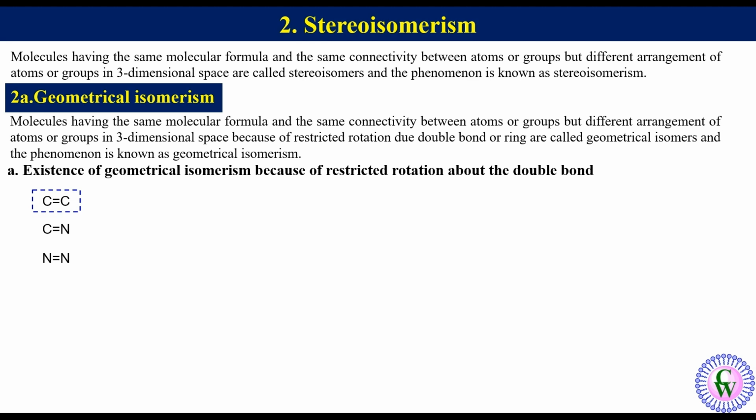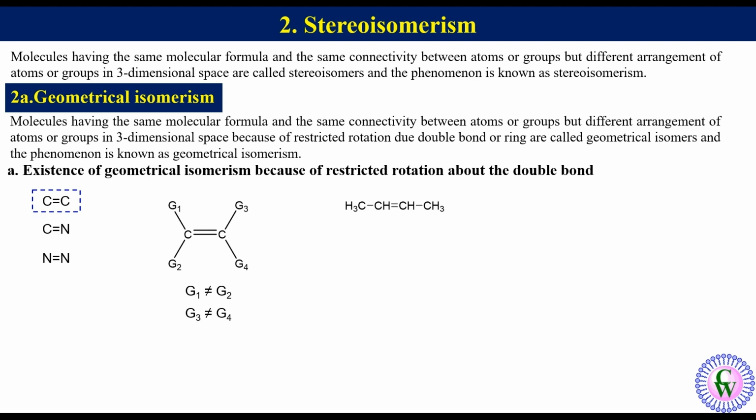This is the general structure of an alkene. For a C=C double bond to be involved in geometrical isomerism, the substitution pattern should fulfill the following criteria. Here, G1 should be different from G2 and G3 should be different from G4. For example, 2-butene.